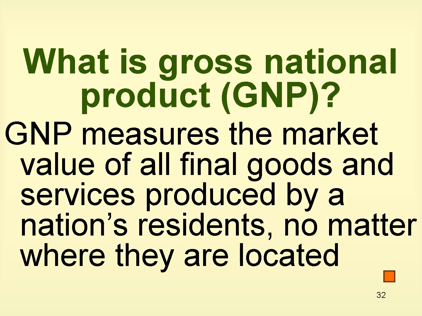We not only have GDP, we also have GNP, the gross national product. GNP measures the market value of all final goods and services produced by a nation's residents, no matter where they are located.